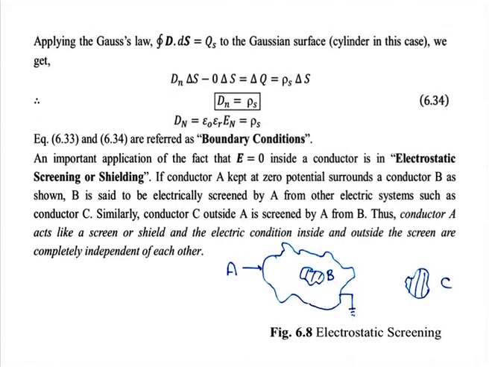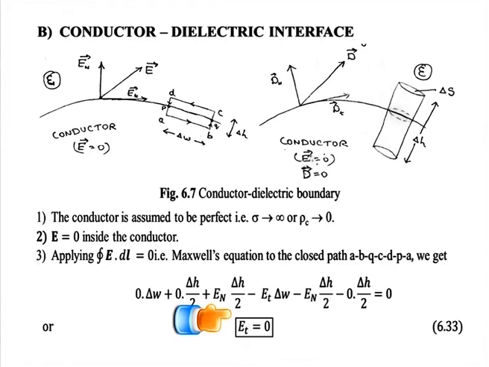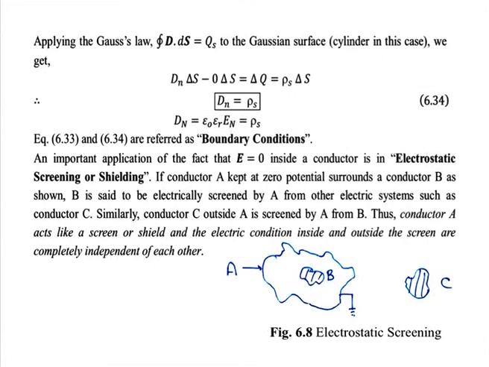Again, applying Gauss's law, D·dS is equal to Qs to the Gaussian surface, which is a cylinder in this case, we get Dn is equal to rho s. Equation 6.33, that is Et is equal to 0 and Dn is equal to rho s, are collectively called the boundary conditions for the conductor dielectric interface.